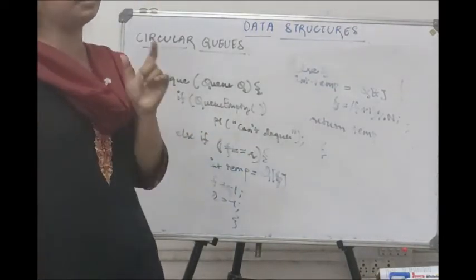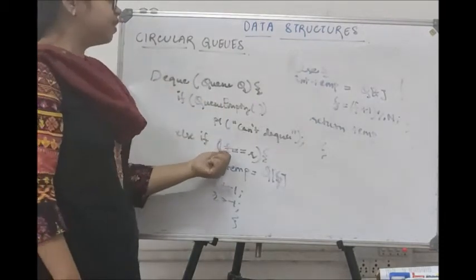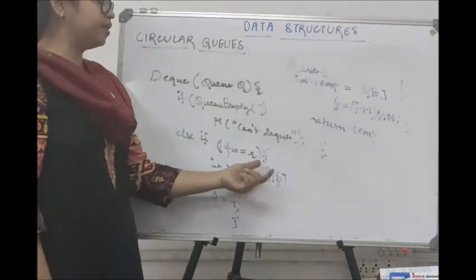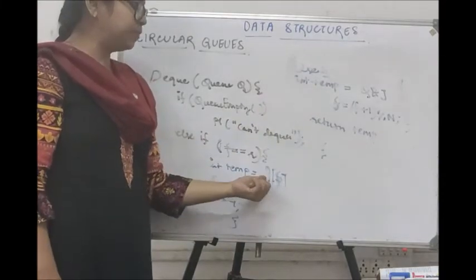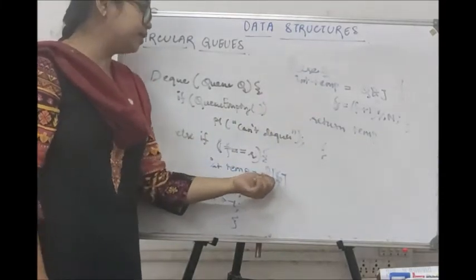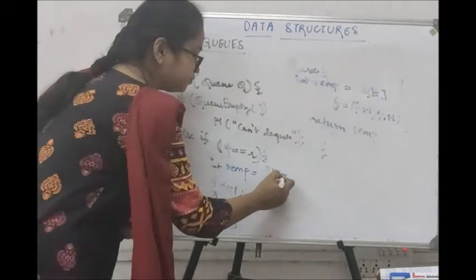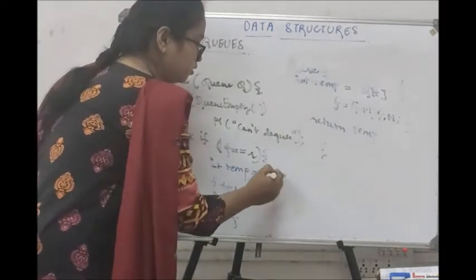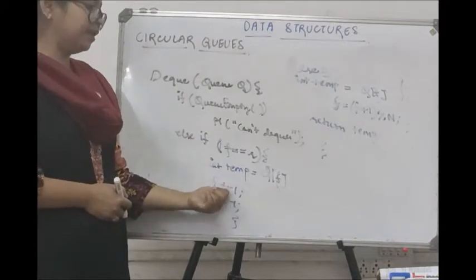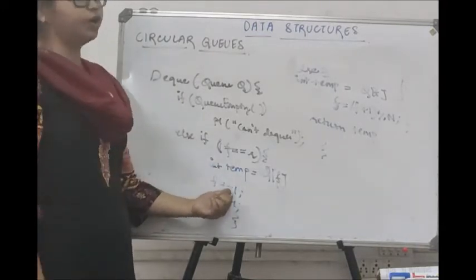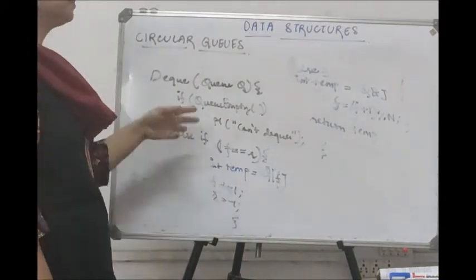Then we have to check whether it is the only element present in the queue. If only one element is present in the queue, that is, if front is equal to R, then what we have to do? We have to get the element, that is the only element, from the front end, Q[F], and it will be stored in a temporary variable, and we will update front and rear to -1, -1. Okay.